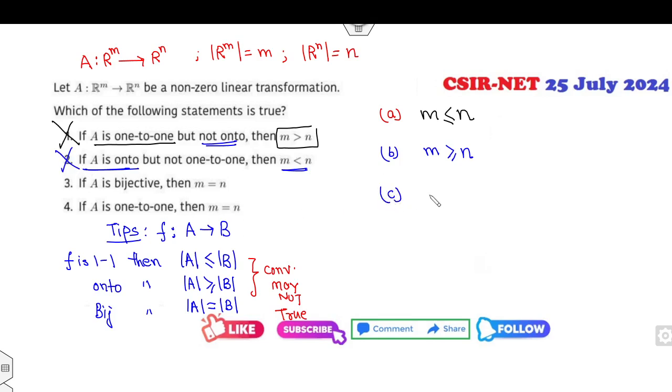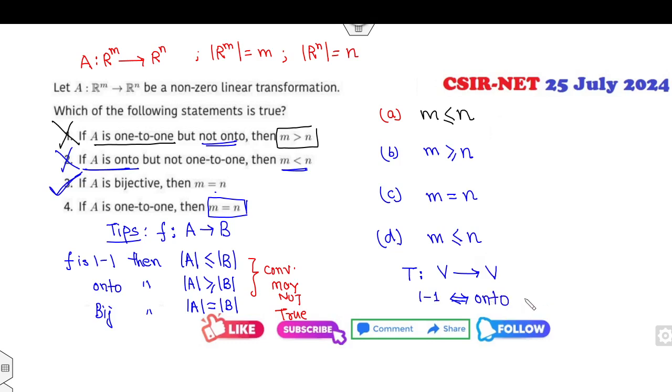C, A is bijective. The cardinality of M and the cardinality of N are the same. So yes, this option is the correct option. D option. A is 1-1. The cardinality of M is less than or equal to the cardinality of N. But they are talking only about equality. Make sure you all know that if you have a mapping from V to V, that is the same domain, then this mapping is 1-1 if and only if it is onto.